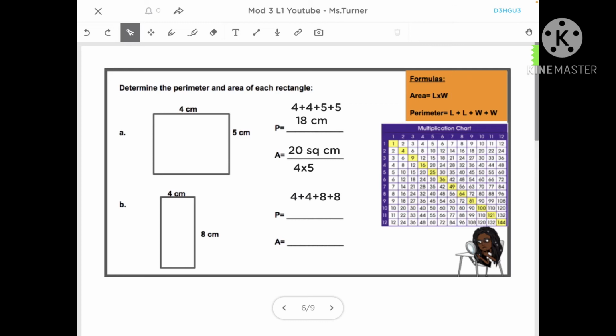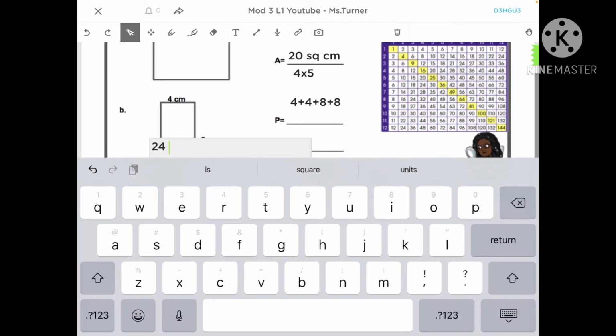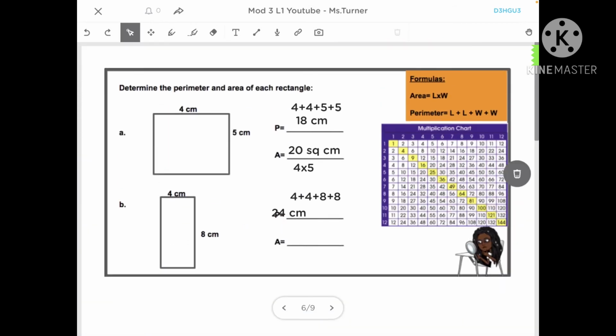If you got that as your equation to find the perimeter, you are right on the money. 4 plus 4 plus 8 plus 8. Well, 4 plus 4 is 8. 8 plus 8 is 16. So my perimeter is 24 centimeters. Did you get 24 centimeters? Awesome.